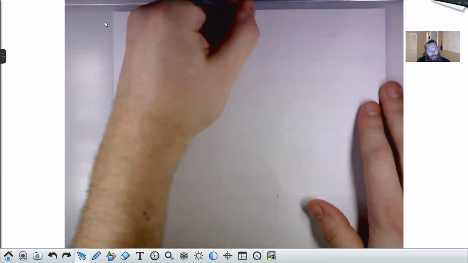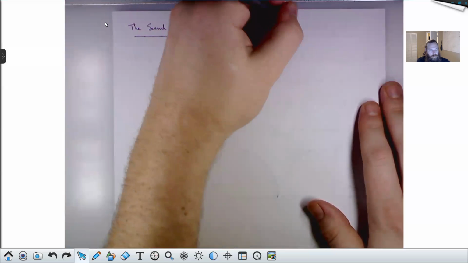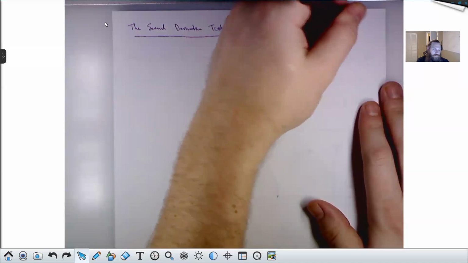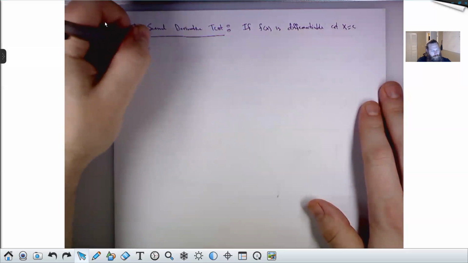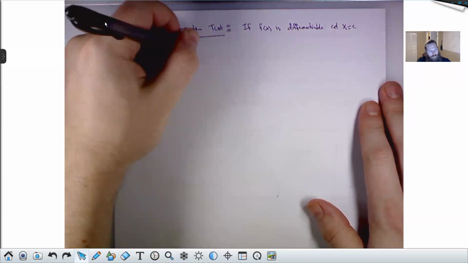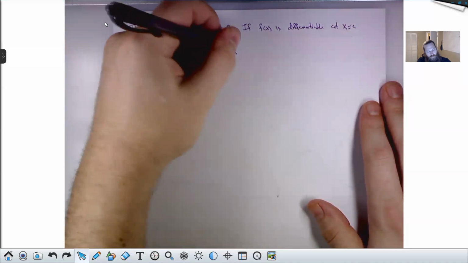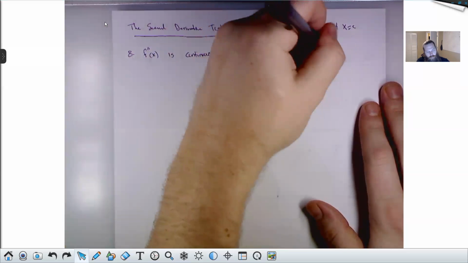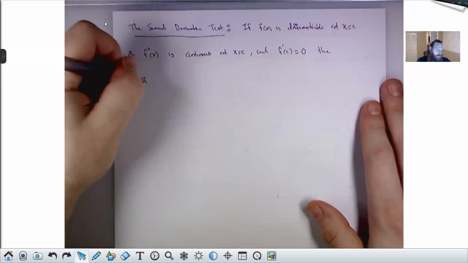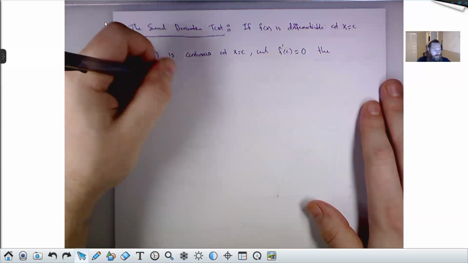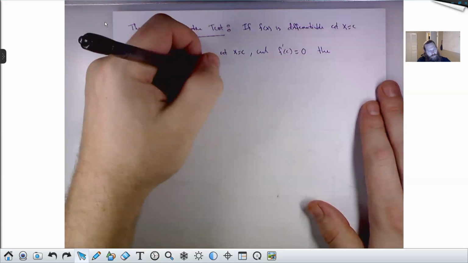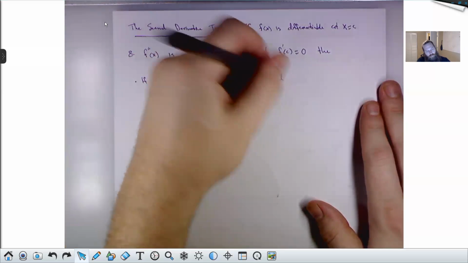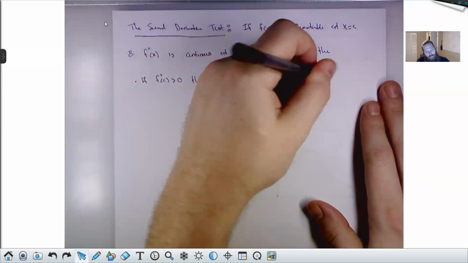So this says if f of x is differentiable at x equals c, and f double prime of x is continuous at x equals c, and f prime of c is 0, then if f double prime of c is positive, then f of x has a local min at x equals c.